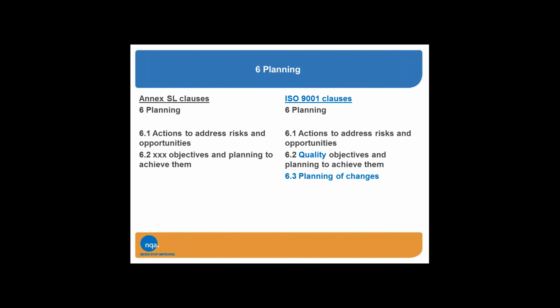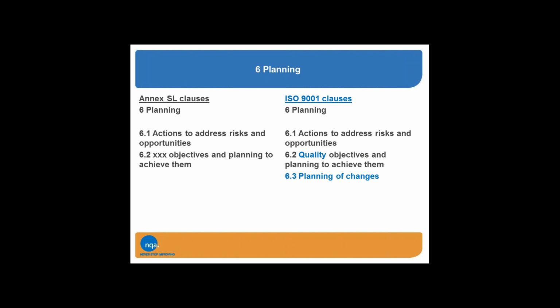And then in fact we have in 9001 an additional clause, 6.3, planning of changes. This does not appear in other management system standards, so this is specific, unique to 9001. And these are changes to the management system itself.